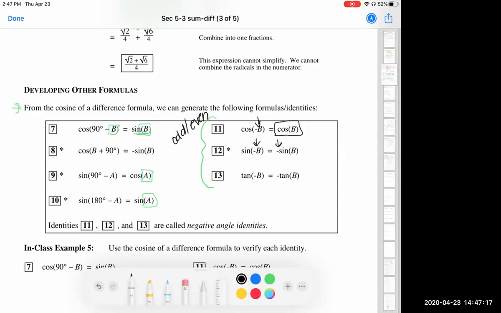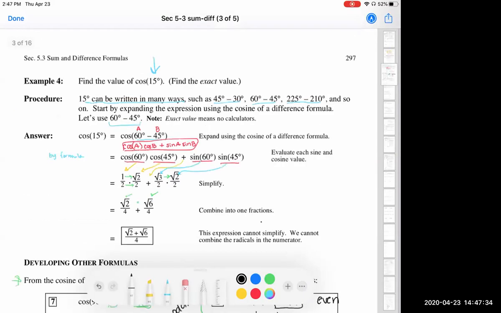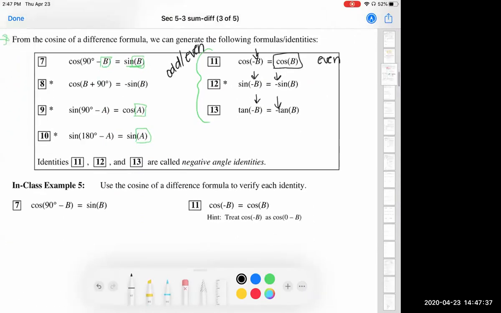Same thing for tangent. If I have the negative of an argument, it's the same thing, just taking the negative and writing in the front. So this is why we say that cosine is even, because even if our argument's negative, it stays positive, and sine and tangent are odd.